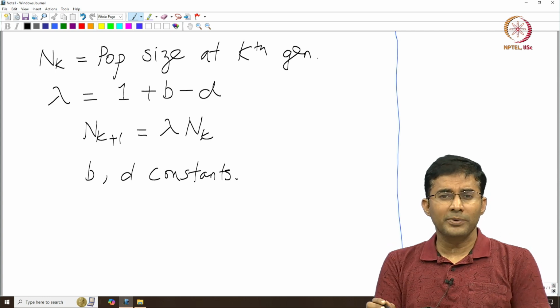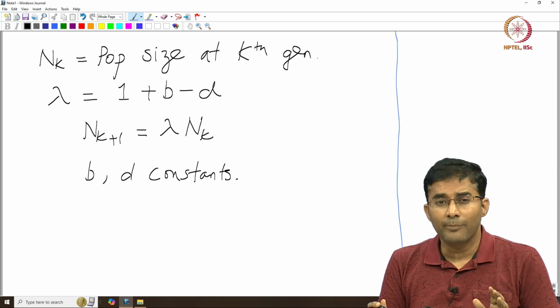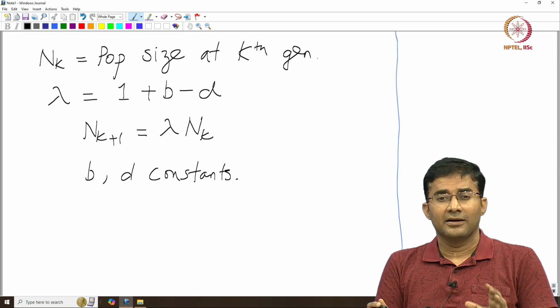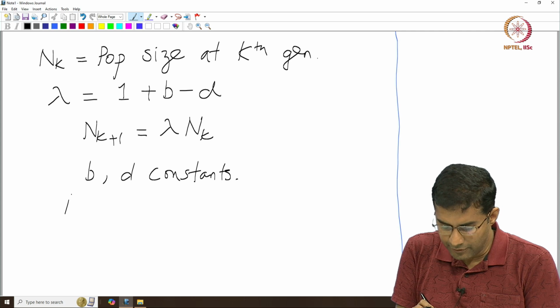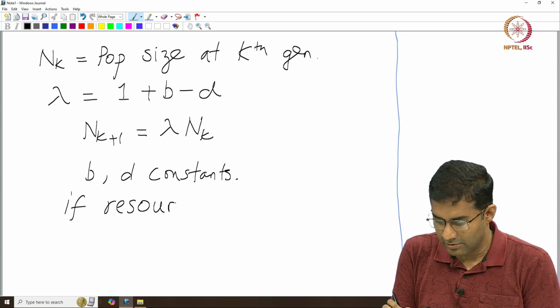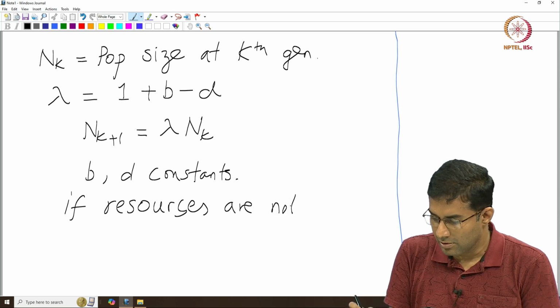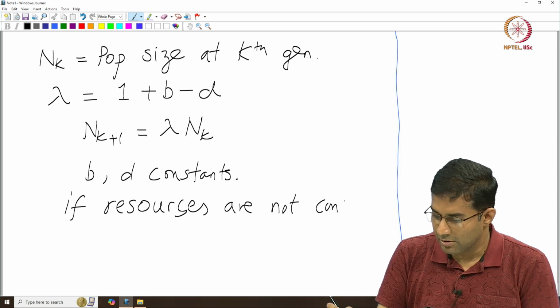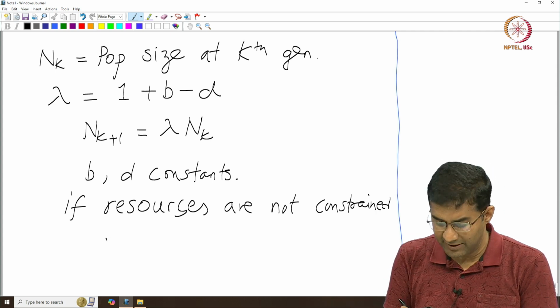Of course, this is going to be true only in some limited ecological contexts, and the most important one being that the resources are not constrained. This is true if resources are not constrained, or what we also call there is no limiting resource.